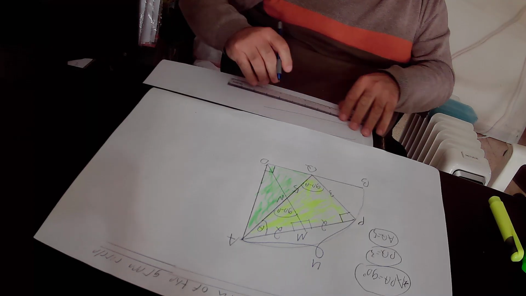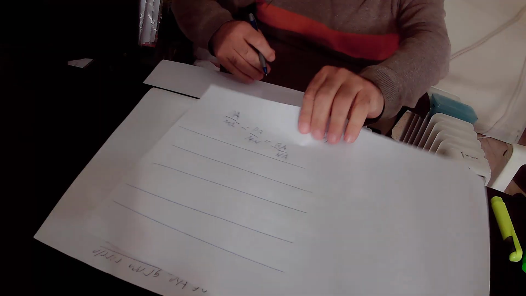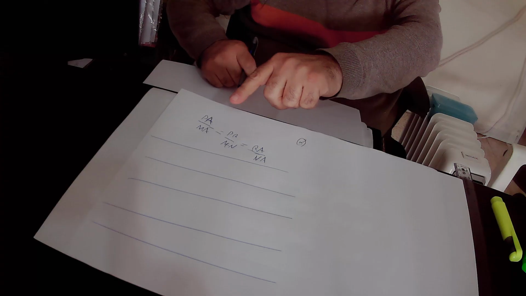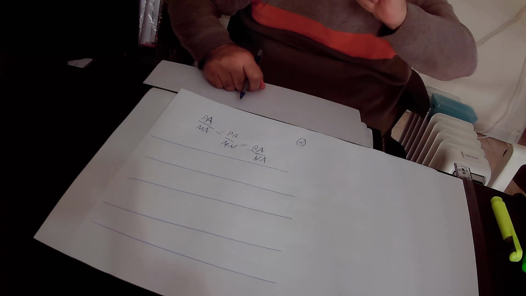I repeat again. PA over MA equals PQ over MN equals QA over AN.